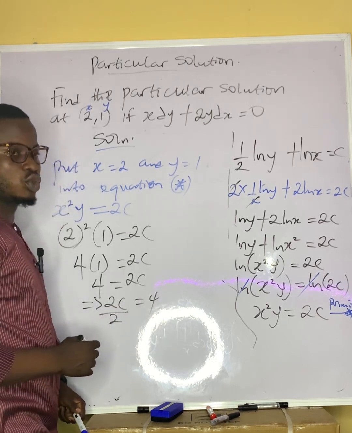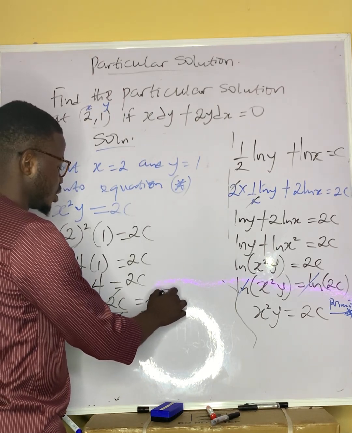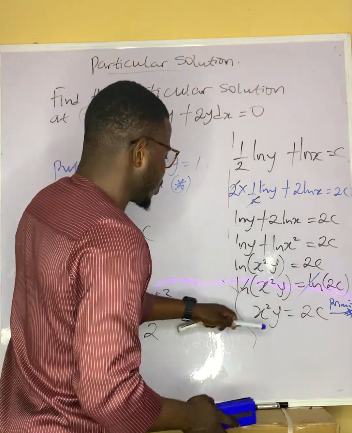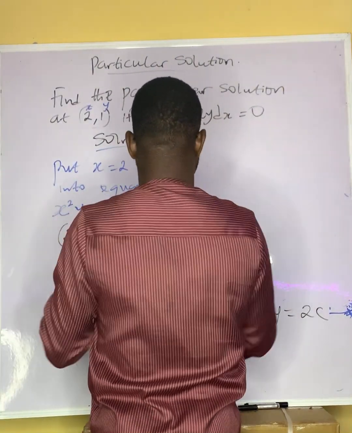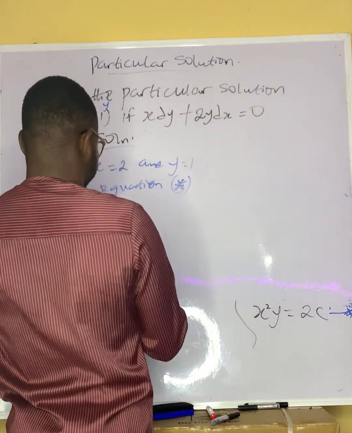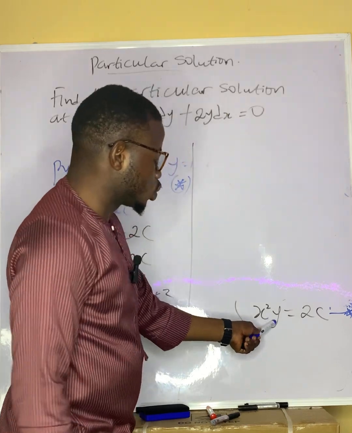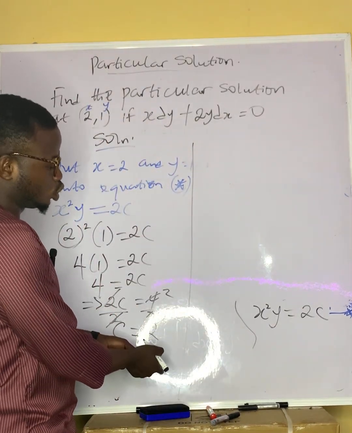Then we are going to use 2 to divide both sides, so that 2 will cancel 2. Here we have c equals to 2. Now we'll go back to the primitive. Instead of writing x squared y equals to 2c, we'll substitute the value of c to be equal to 2.